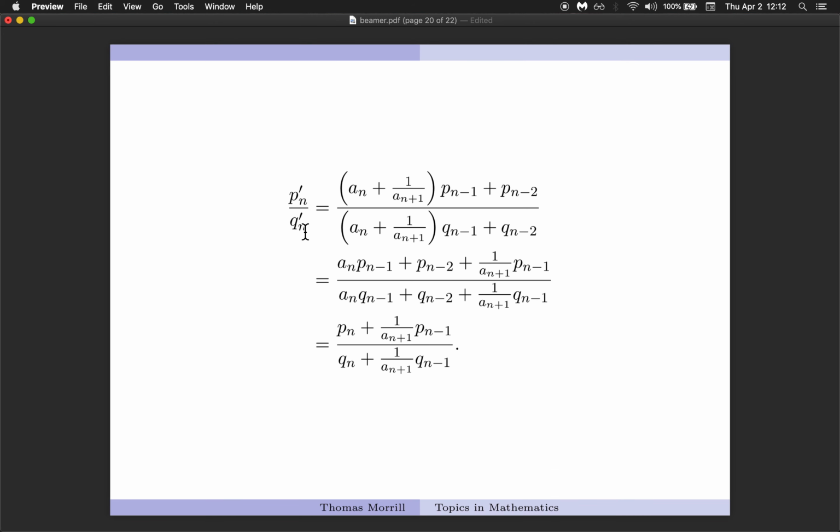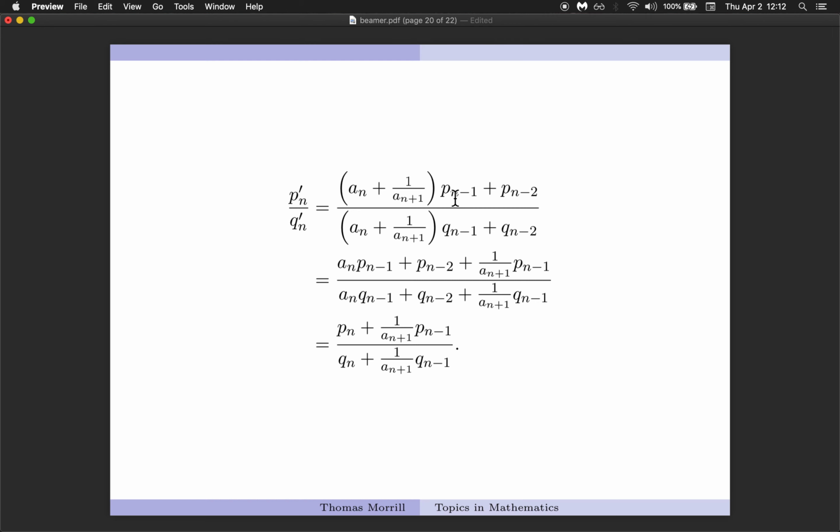So here I've got the same information copied from the previous slide. I'm going to multiply through the parentheses and say this is an pn minus 1 and 1 on an plus 1 times pn minus 1, right?